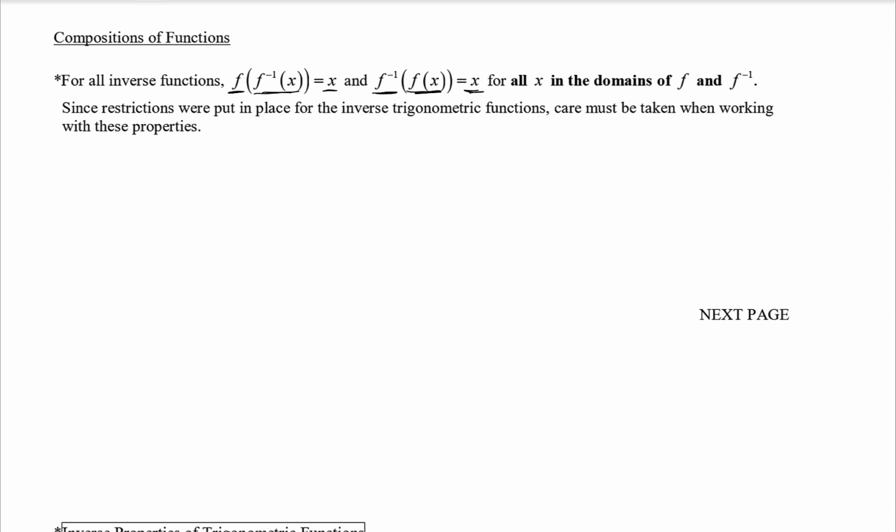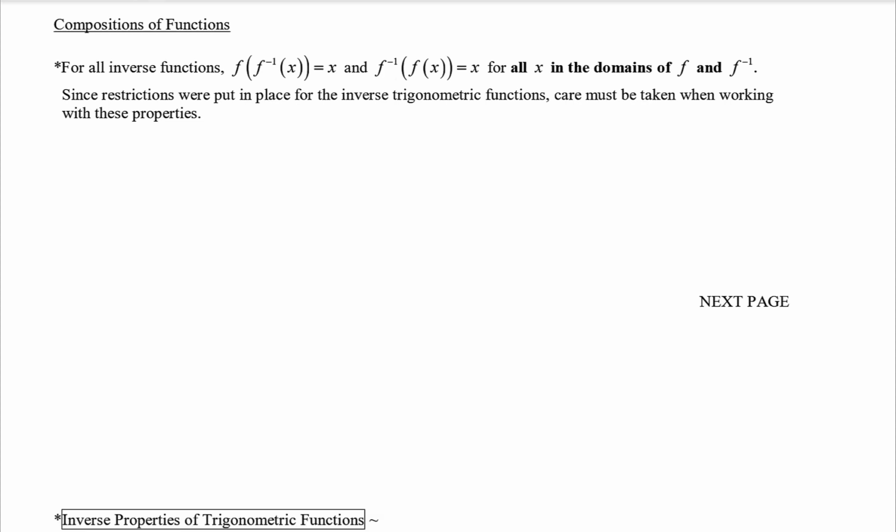Both had to be true. And then, if that's the case, those are truly inverses of each other. However, since we placed all these restrictions on the regular inverse trig functions, we got to be careful when we go to use this definition to help us out.